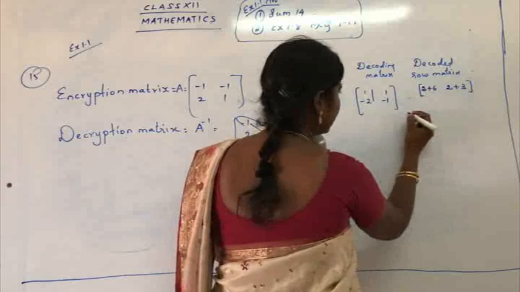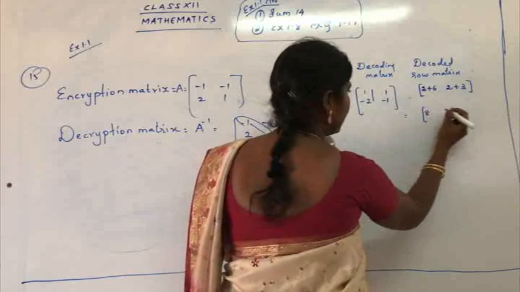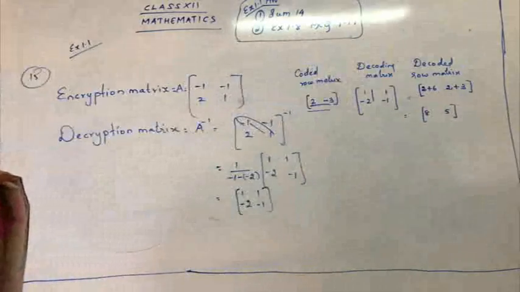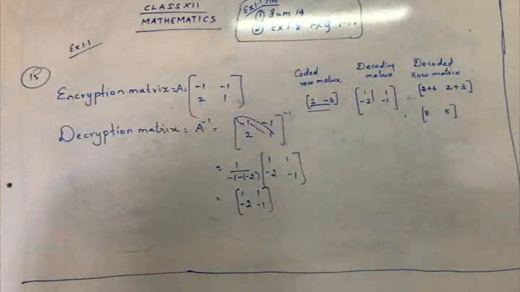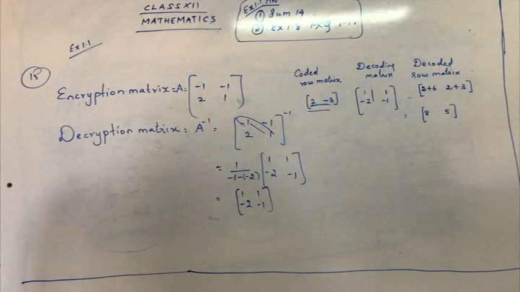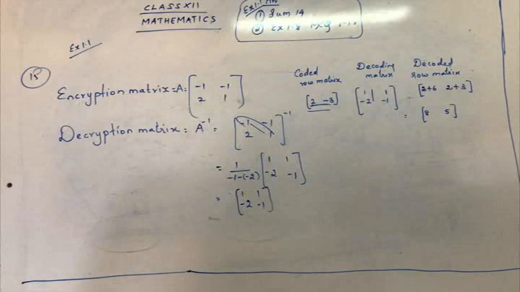So I get here 8 and 5. So I have decoded the first row. What was the code? It was 2, minus 3. So I have decoded it as 8, 5.